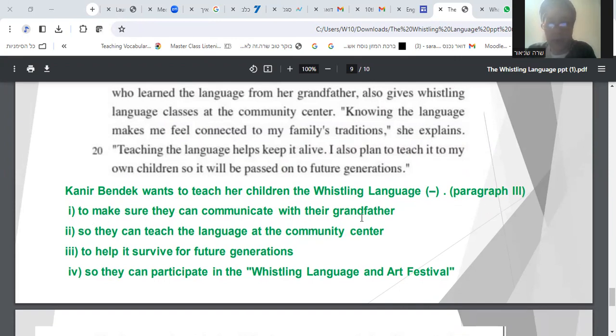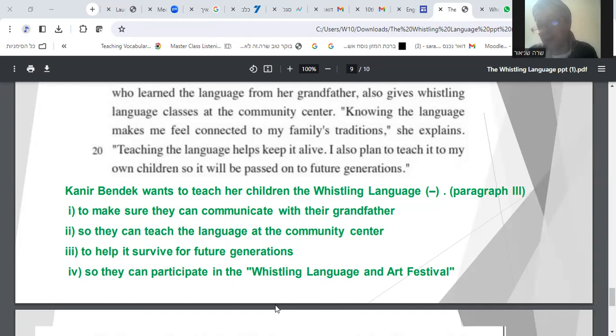To make sure they can communicate with their grandfather, לוודא, make sure זה לוודא, they can communicate, הם יכולים לתקשר with their grandfather, עם הסבא, so they can teach the language at the community center, כדי שהם יוכלו ללמד את השפה במרכז הקהילתי, to help it survive for further generations, לעזור לשפה לשרוד, נכון? לדורות הבאים, future זה עתיד, אז לדורות הבאים לדורות העתידיים, also they can participate in the whistling language art festival, כדי שהם יוכלו להשתתף בפסטיבל הזה.